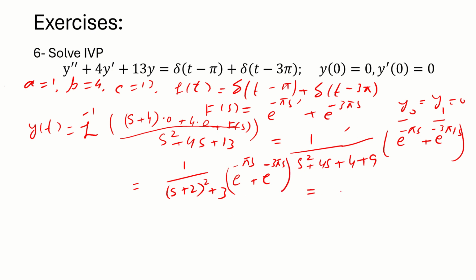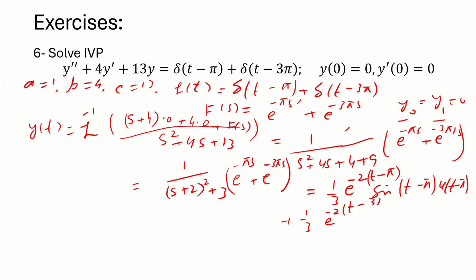The first part will directly give you 1 over 3 e power minus 2t and then sine t, so for the first part, sine (t minus pi) u(t minus pi), plus 1 by 3 e power minus 2 (t minus 3 pi) sine (t minus 3 pi) u(t minus 3 pi).